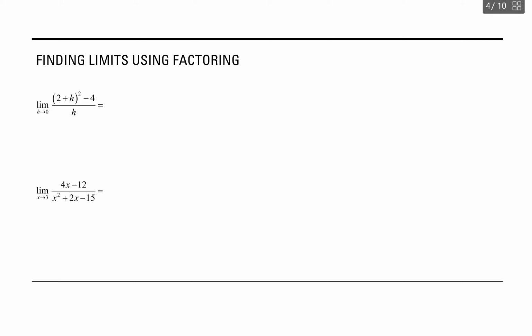The notation limit as h approaches 0 is telling me that the question under consideration is, how does my function behave as h gets close to 0? We don't care what happens to the function at 0, but we want to know how the function behaves as we get closer and closer to 0.